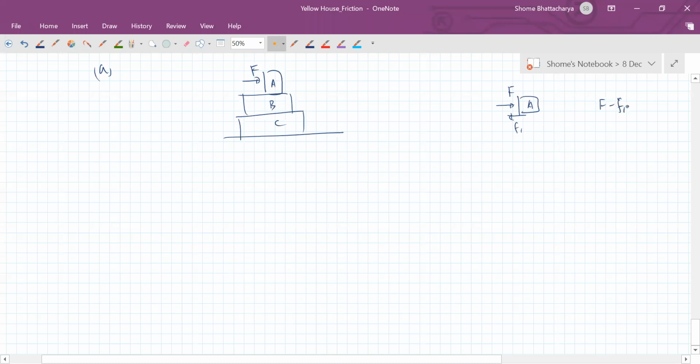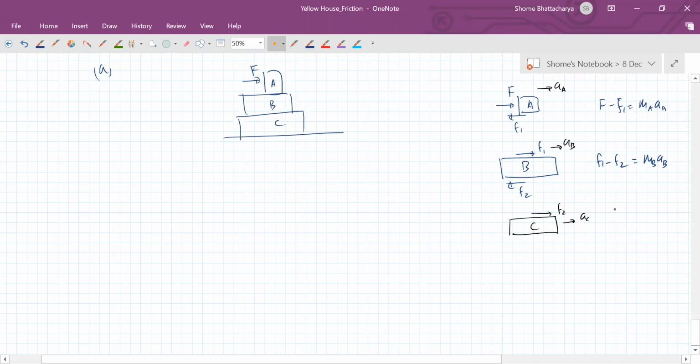So F minus F1 will become mass of A into acceleration of A. And on B, this friction will act forward and this friction will act backwards, so F1 minus F2 will be this. Okay.